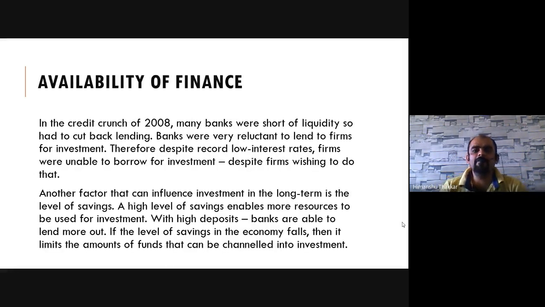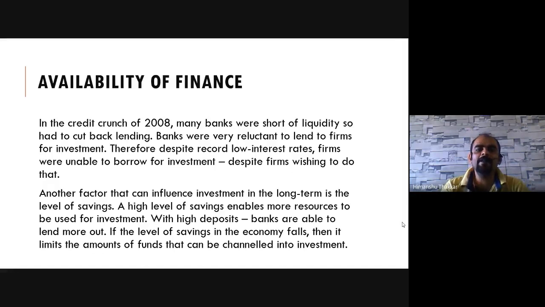Then comes the availability of finance. How much finance is available? For example, in recent years, there's been easy availability of finance as far as housing is concerned. So people are now putting their money in buying houses, whether they want to live in that house or they are just buying it for the sake of investment. But availability of finance also affects the kind of investment you do in an economy.